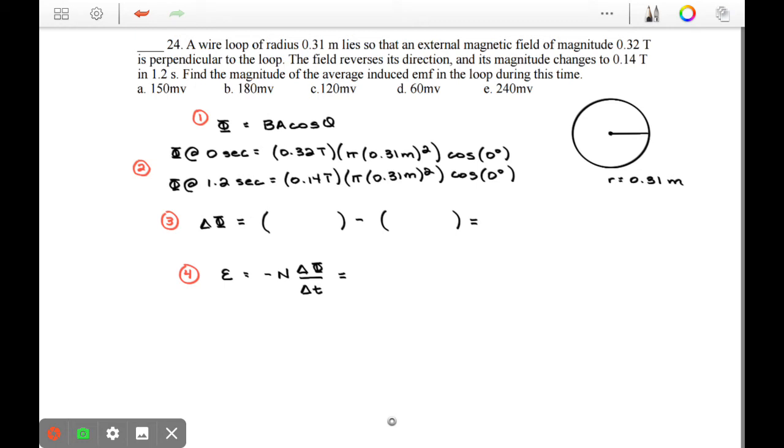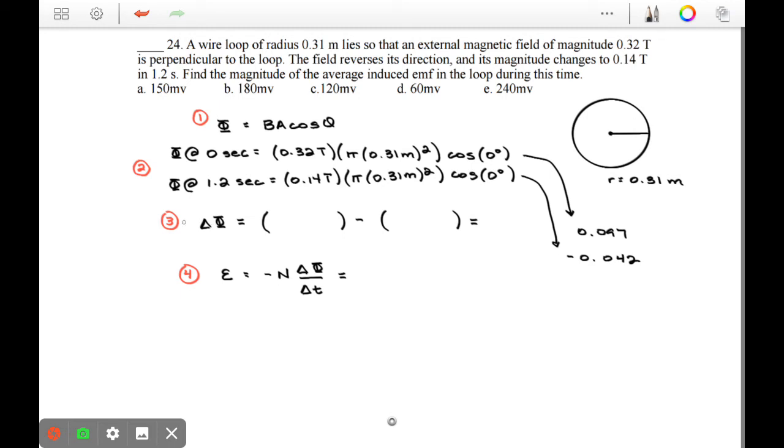Once I get these values, the initial flux is going to equal 0.097, and the final value is going to equal negative 0.042. The answer is negative for the magnetic flux at 1.2 seconds because the field reverses its direction. Because of this change in direction, that's how I get this negative value here.